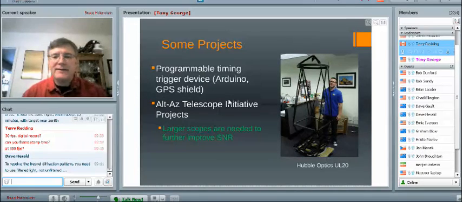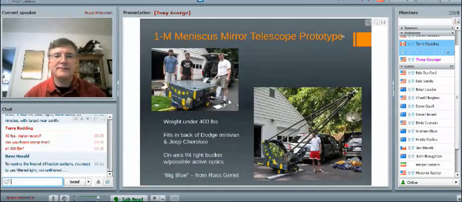On the next slide, I'll just show you some other larger portable telescope projects underway. This one is a 1 meter meniscus mirror telescope that Russ Genet built. He nicknamed it Big Blue.